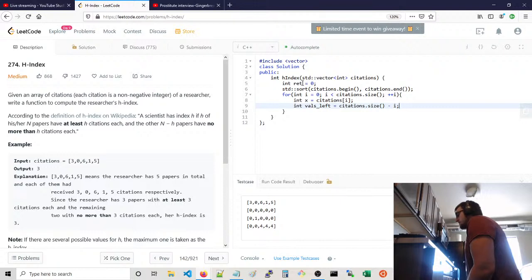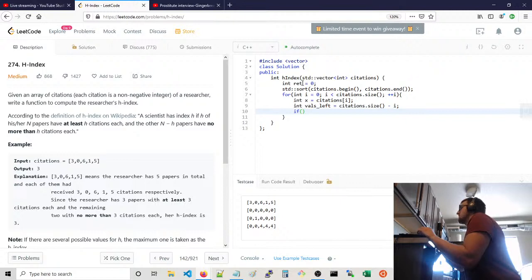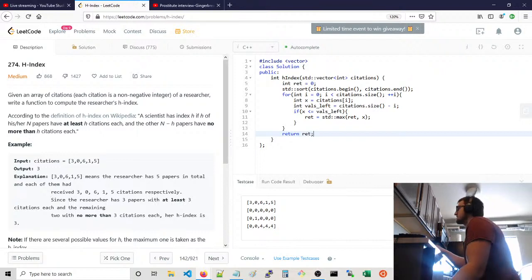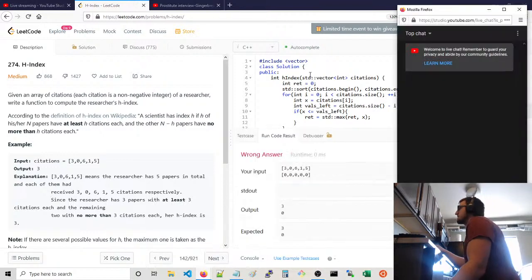Yeah, including, that's how many, right? Okay, that's left, and we say if x is less than or equal to balance left, then we're going to say ret equals std::max of ret and i, or really x. And that's it. Something like this.